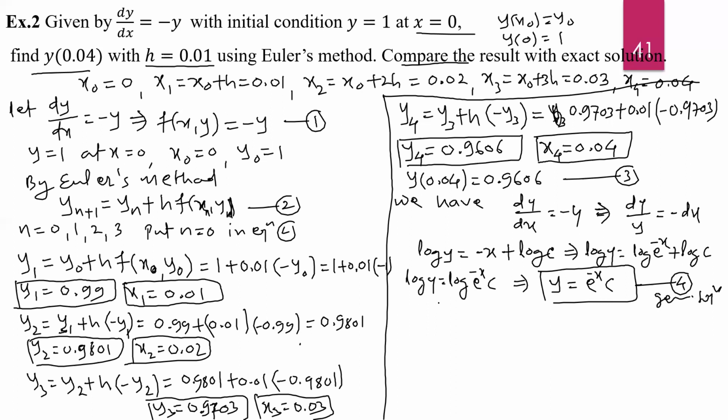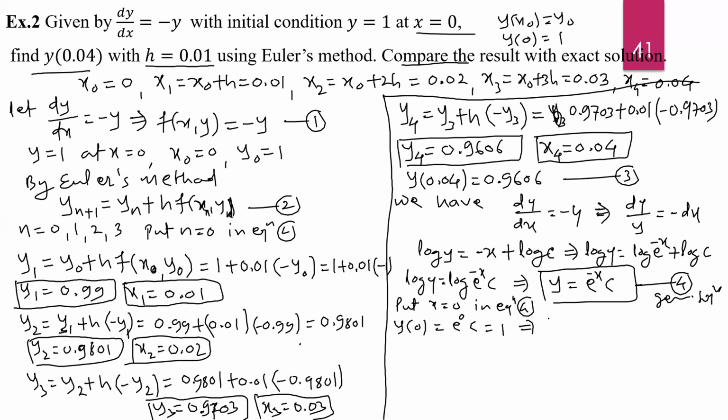Now we substitute x equal to 0 here. First we calculate the c value. Put x equal to 0 in equation 4, that is, y of 0 is equal to e raised to 0 into c. e raised to 0 is 1, and y at 0 is 1.